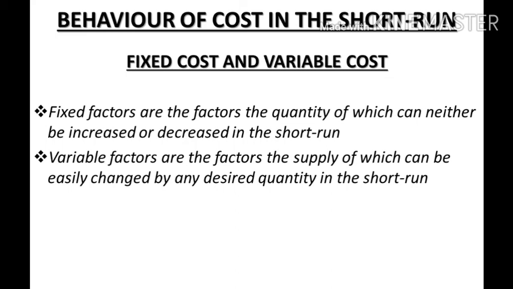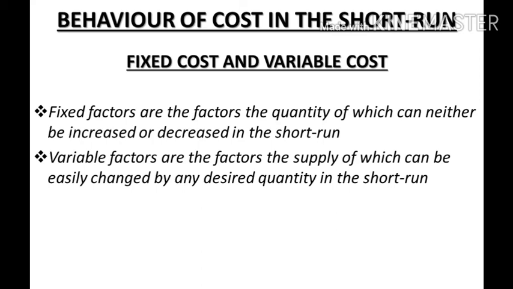Corresponding to fixed factors and variable factors, economic cost. We have already talked about economic cost. Economic cost comprises explicit cost, implicit cost and normal profit. So, corresponding to fixed factors and variable factors, economic cost is classified into two categories: fixed cost and variable cost.